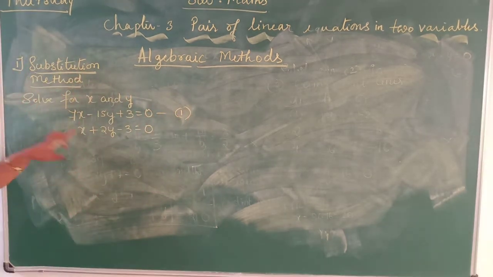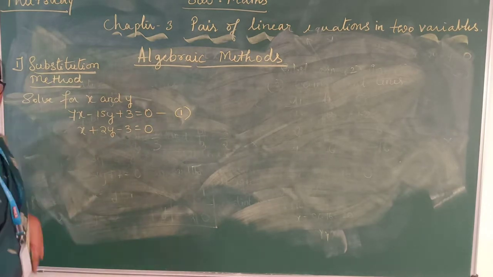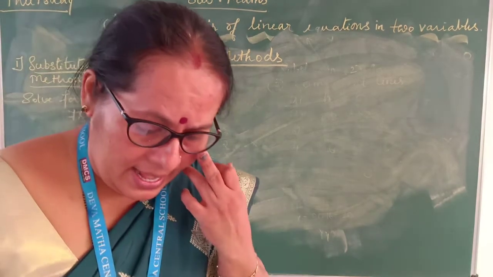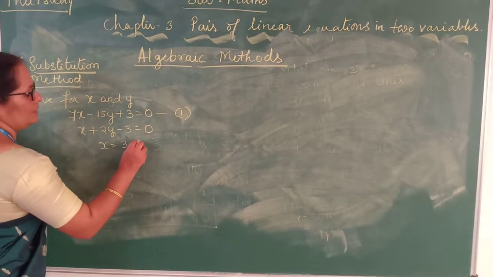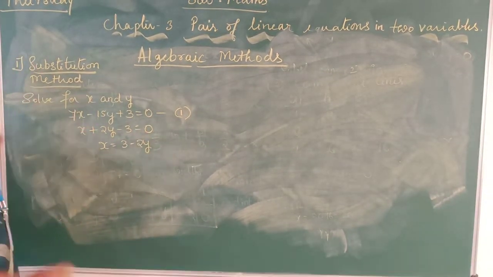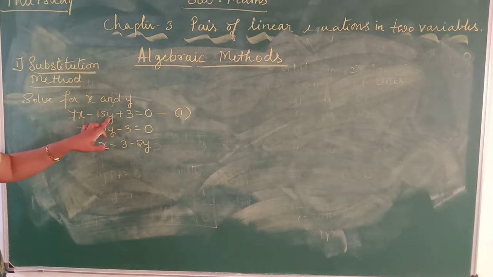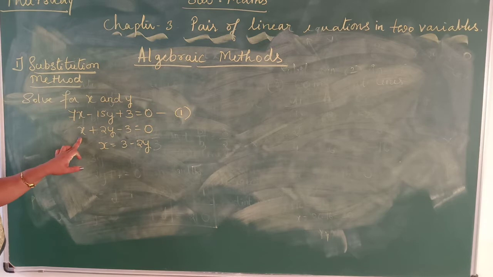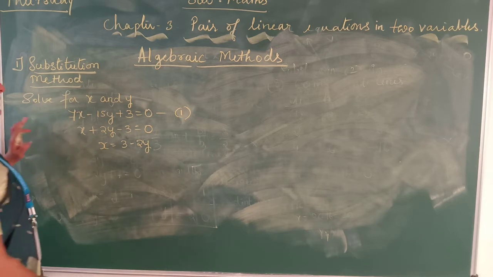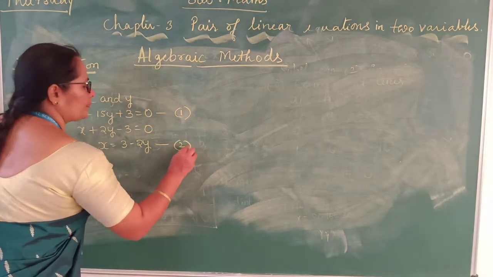The second equation you can write as x equals 3 minus 2y. So this is the second one.